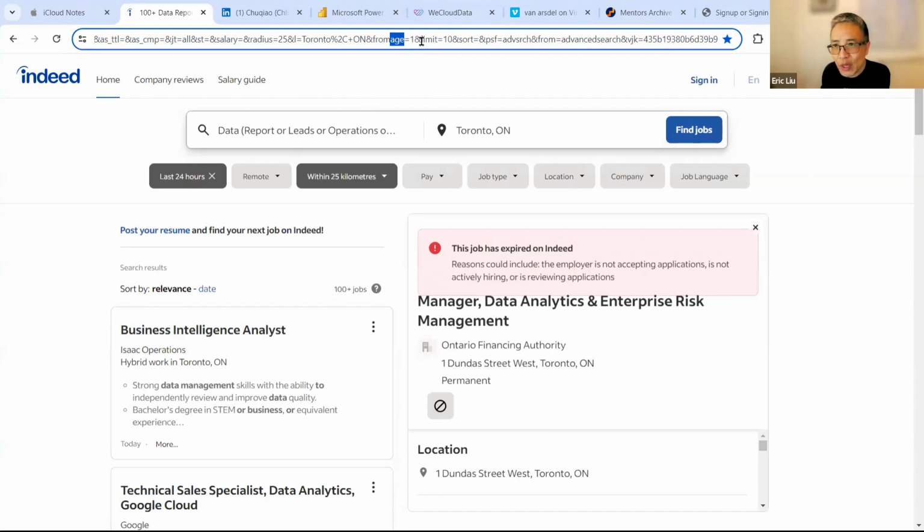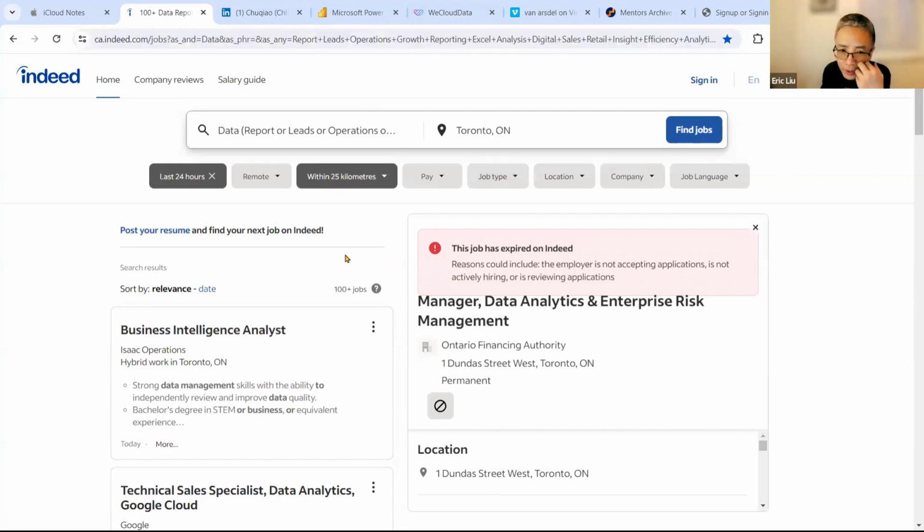So the age is 1 day, right? And over here, I also limit the radius within 25 kilometers of Toronto, Ontario. So you can see, since yesterday, we have had a little over 100 jobs.